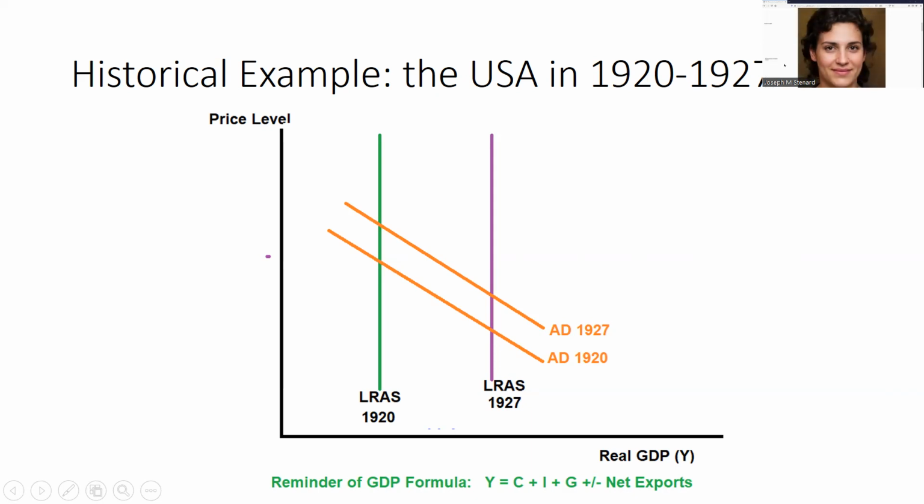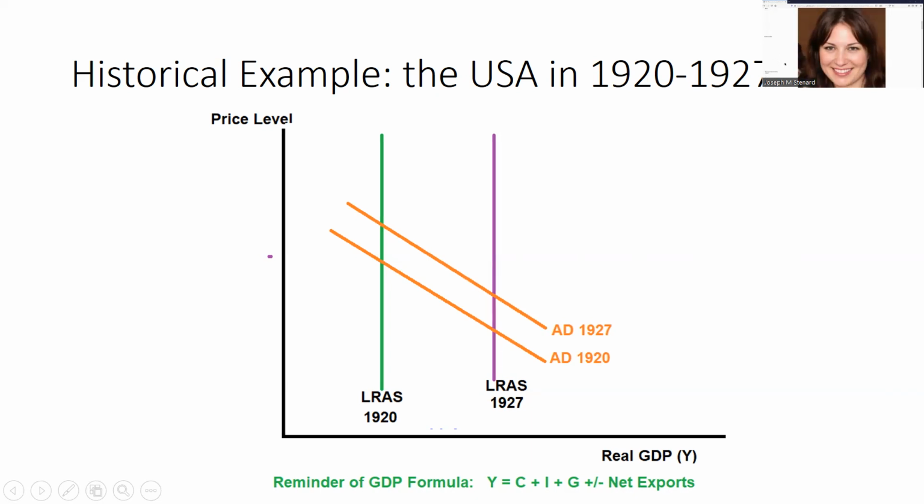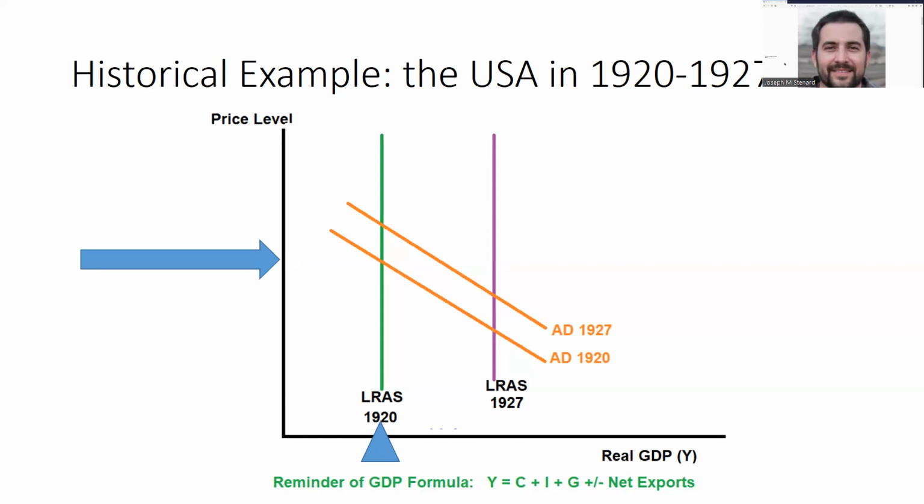So we moved from, well, actually, I think I animated this. Yes. So in 1920, that was the price level, and that was the GDP. But in 1927, because there was both a shift in aggregate demand and aggregate supply, we had a drop in the price level that dropped to there, because that corresponds with that particular point right there.